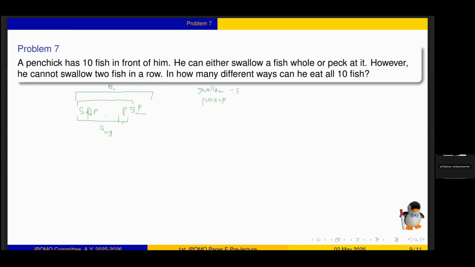But this is just one part of a sub n, right? What is the thing that the Penchick did before, if the current fish was a peck? In that case, it could be anything.